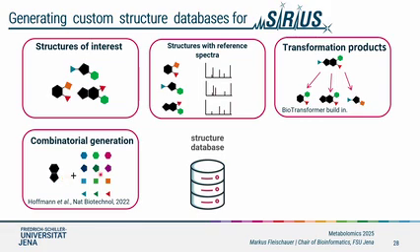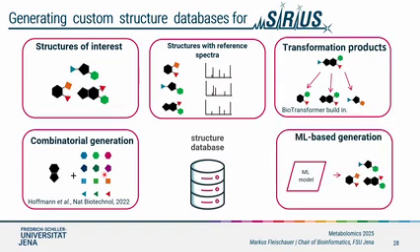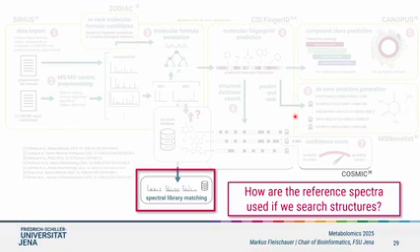There are quite a few out there. Then you can import the resulting structures as a custom database, and then we can search against it. And obviously, in case there are generative models that can generate structures, you can also import that data.